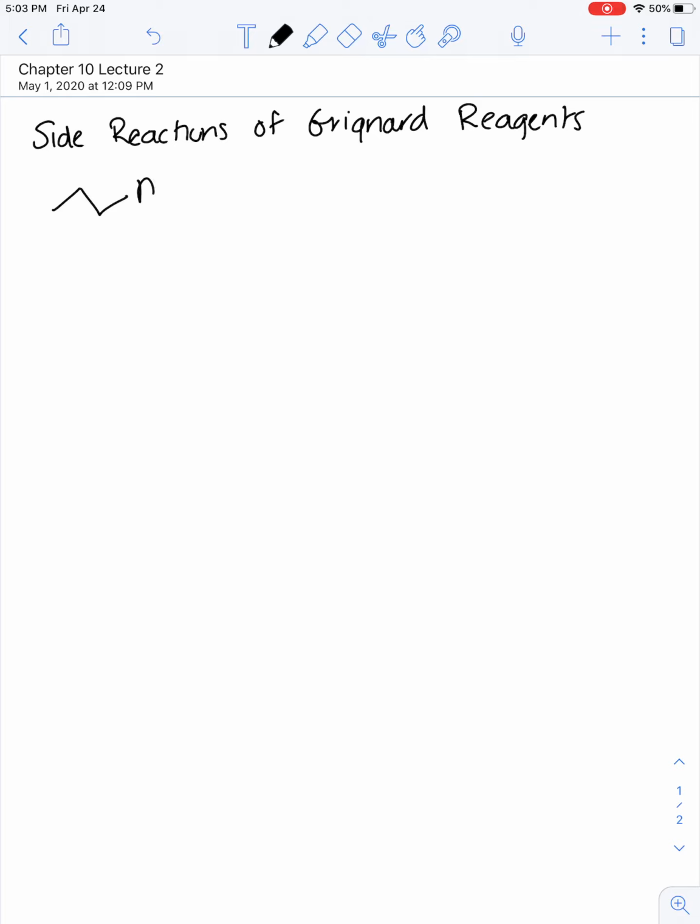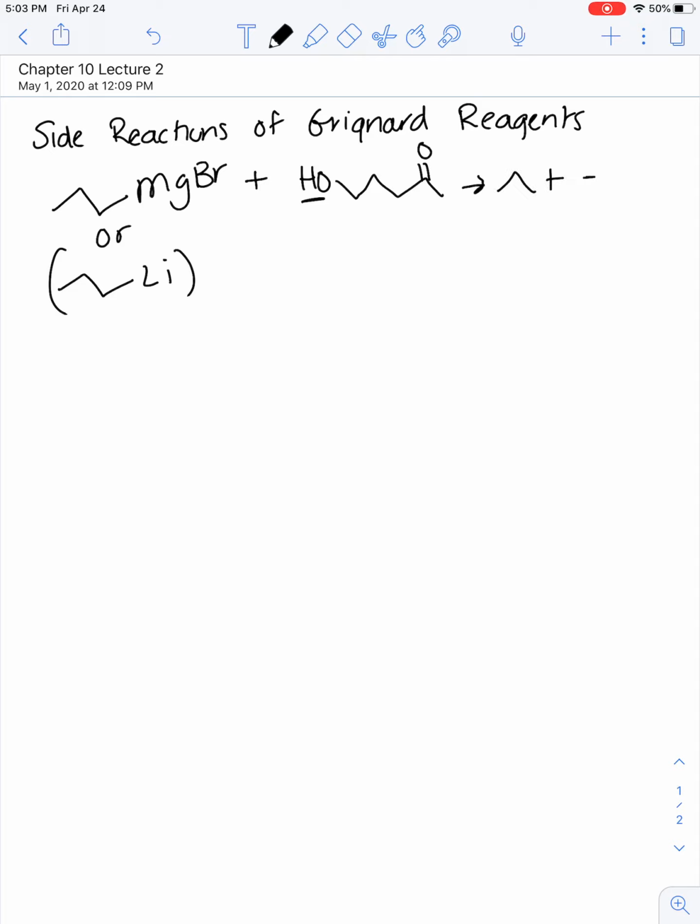So if we look at the Grignard reagent shown here, or it could be organolithium, something like this, and we react it with an alcohol, for example. So we'll have a carbonyl here, we have our alcohol here. What actually would form would be something like this plus this group here.